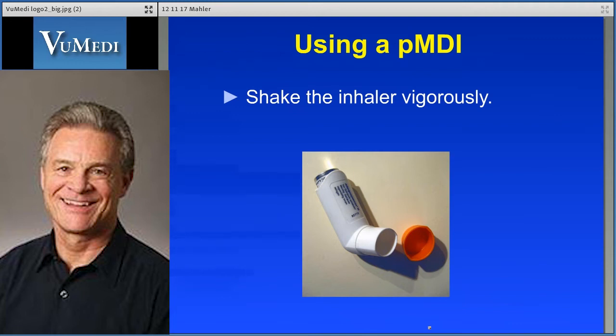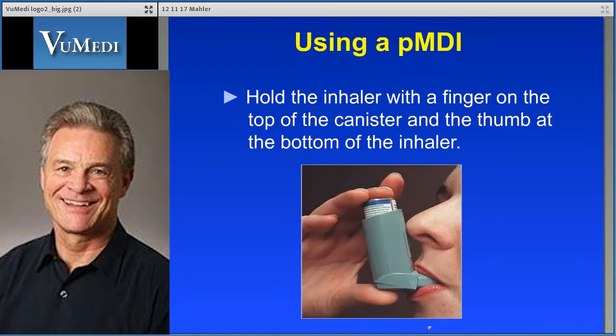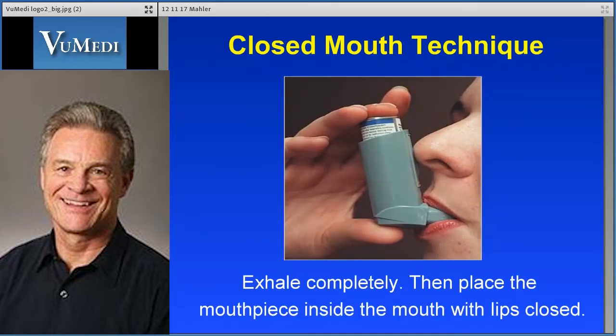Using the metered-dose inhaler, shake the inhaler vigorously. Take the cap off of the mouthpiece. Hold the inhaler with a finger on the top of the canister, shown here, and a thumb at the bottom. 2 different techniques are available.